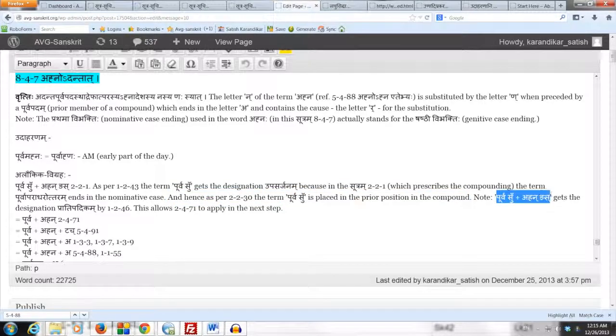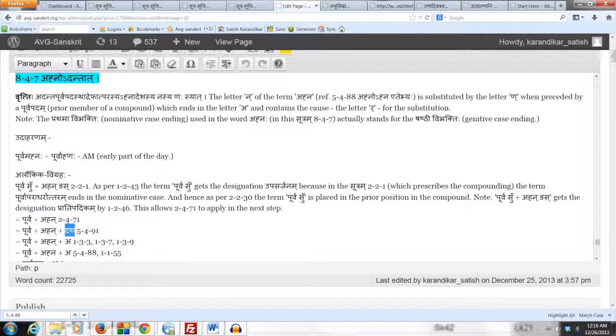Now purva su ahan nyas gets the designation pratipadikam by 1.2.46 krit taddhita samasashcha, because we have formed a samasaha. And now we apply 2.4.71 supo dhatu pratipadikayoho to perform the luk elision on the sup affixes su and nyas, which are inside the compound pratipadikam. So now we have purva ahan.